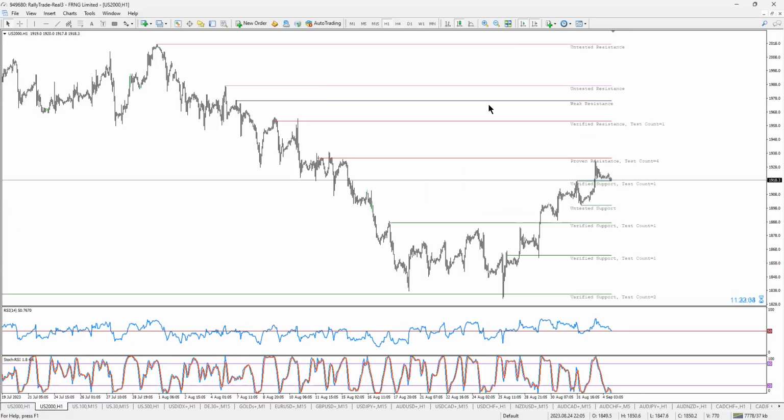Okay, so let me go back to the strategy. I said the first thing you want to do is to identify the time frame you want to trade. For me and my family, we have decided that we want to trade on the 15-minute time frame, and that we want to use the 1 hour time frame to establish what the trend is.